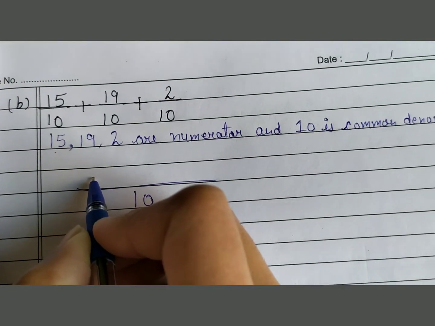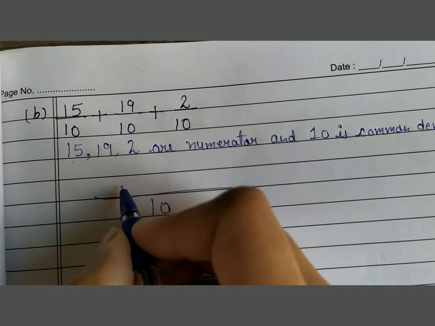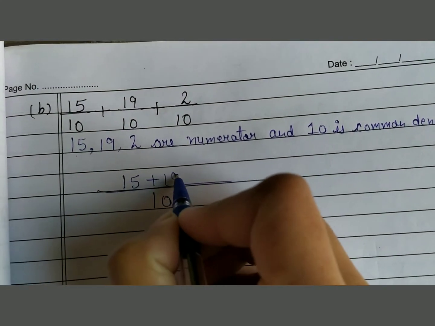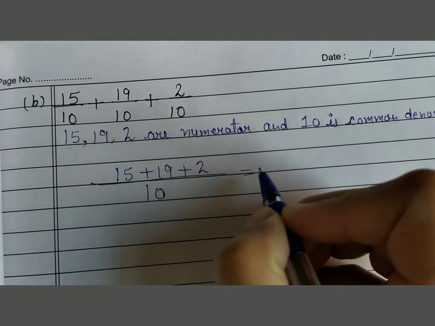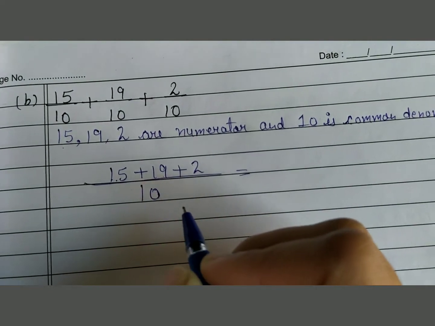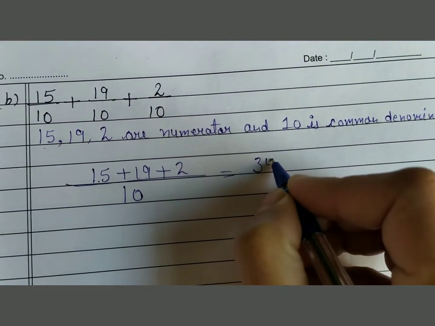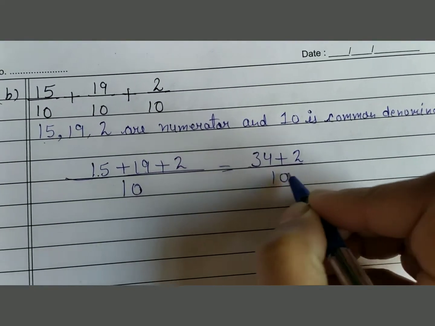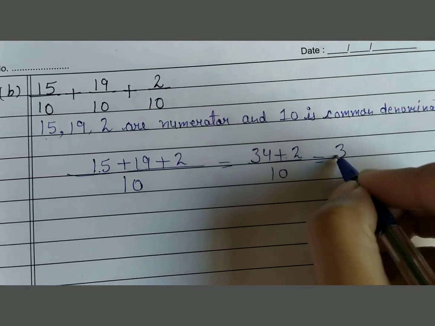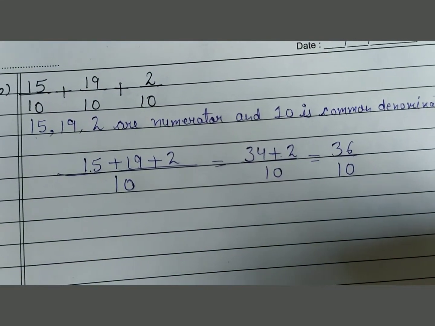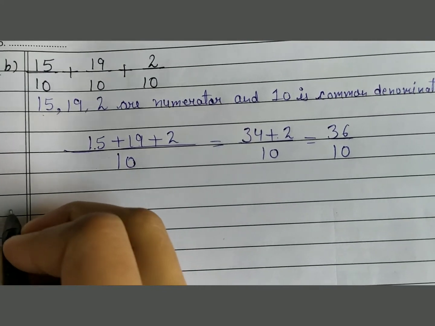Sum of the 15, 19 and 2. 15 plus 19 equal to 34 plus 2 upon 10. 34 plus 2 equal to 36 upon 10. This is the answer.